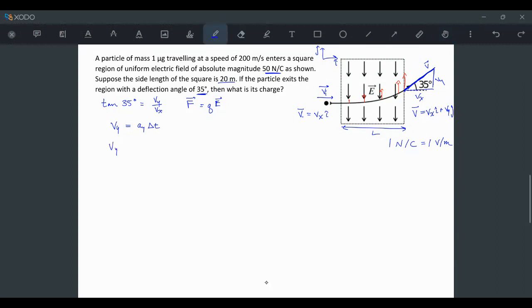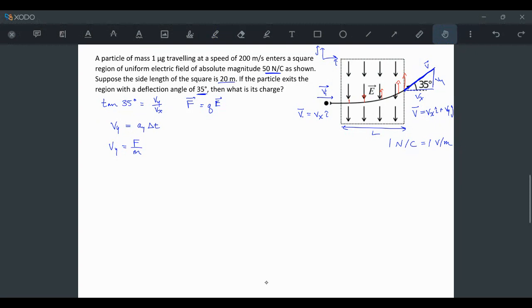Okay, so what we can write now is, what is the acceleration? Well, that's equal to the force divided by the mass. Newton's second law, F equals ma, we've just reworked it here. Then there's the time, which is how long the particle spends in the region of electric field.